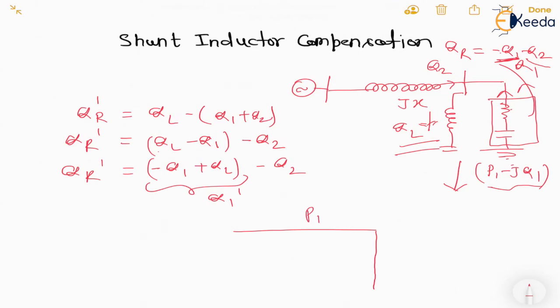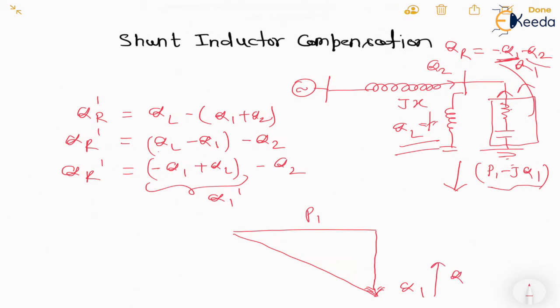In terms of the power diagram, we have P1 minus jQ1. This is P1 and this is Q1, plus j is upward, so minus j will be downward, and we will not write the minus Q sign, directly the downward direction. This is negative. Previously it was like this, but when we do the compensation, minus Q1 is downward, so plus QL will be upward.